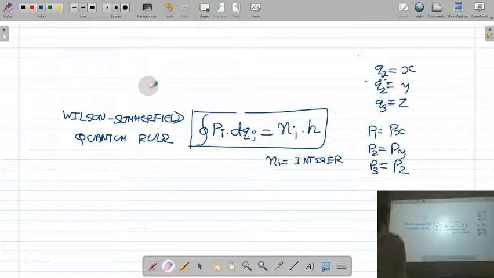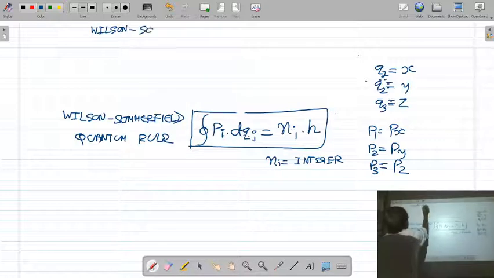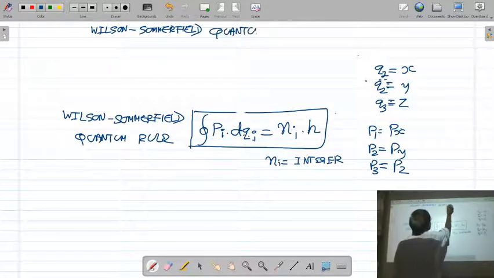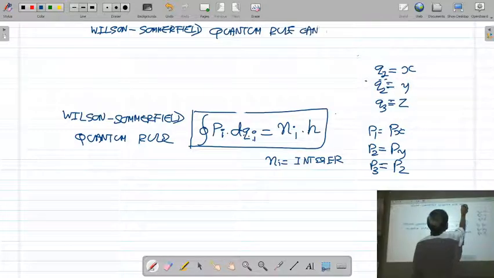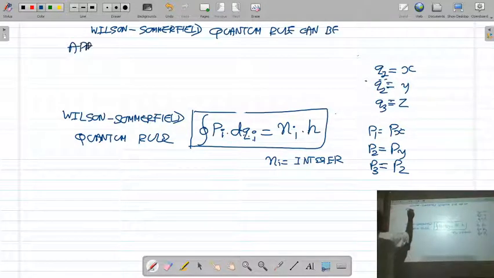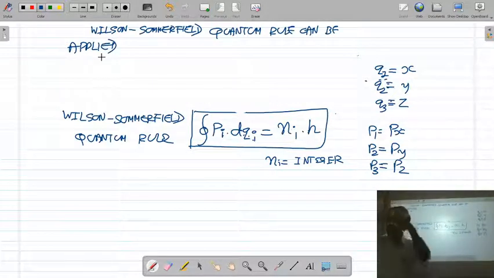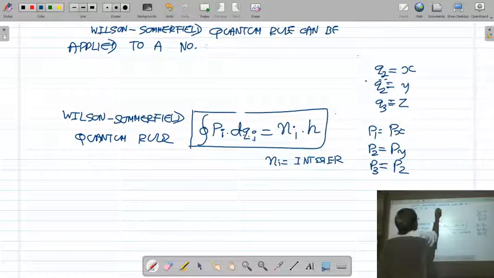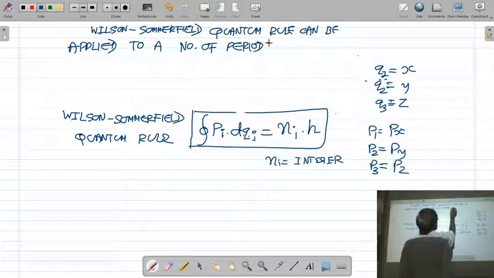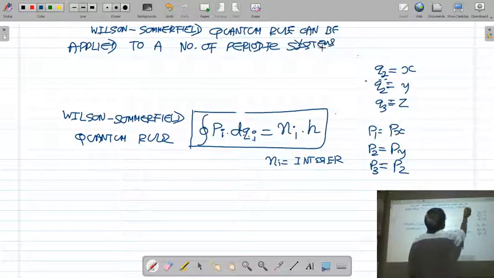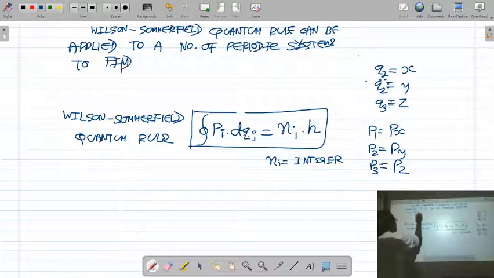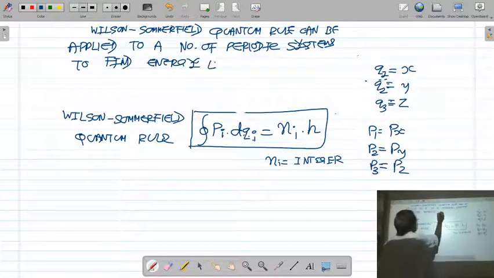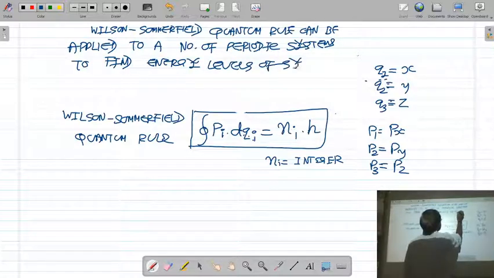So this Wilson-Sommerfeld quantum rule can be applied to a number of periodic systems to find the energy levels of that system.